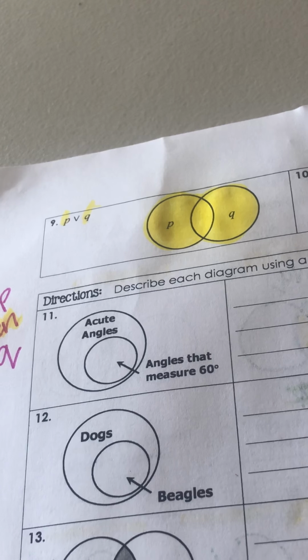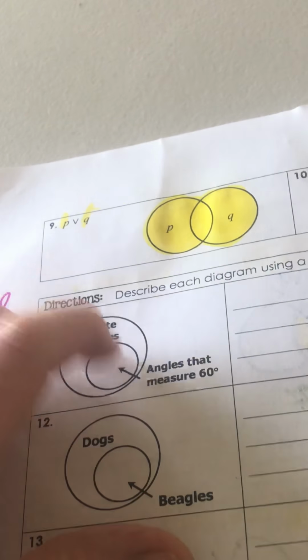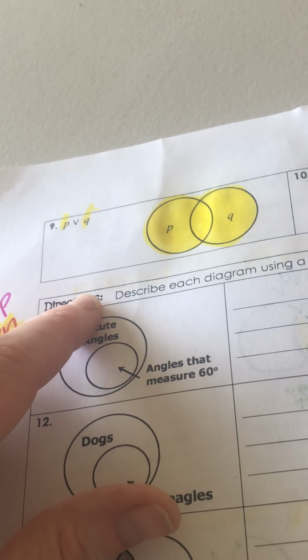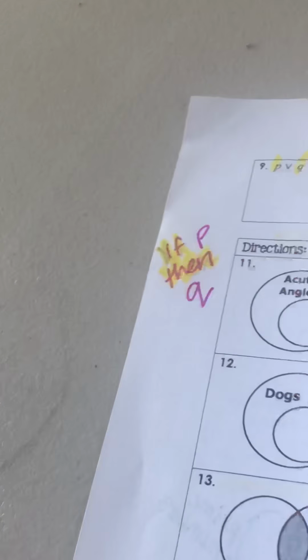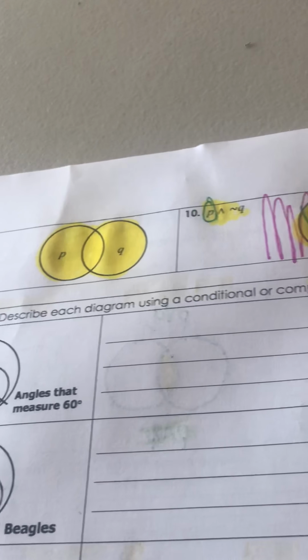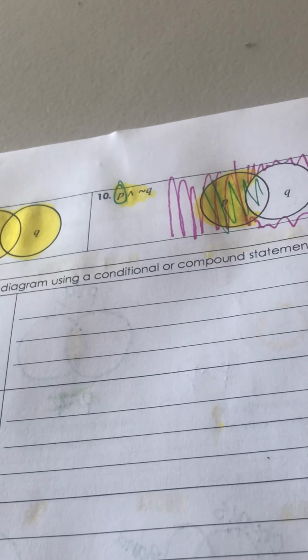Okay, so if you look at 11, angles that measure 60 degrees is inside the acute angle. So if you look back, that looks like an all, always, every, right? So, sorry, that's not what we're doing. We're doing a conditional, sorry.